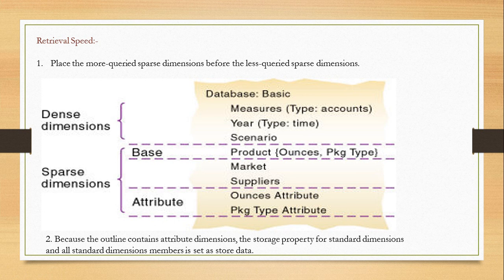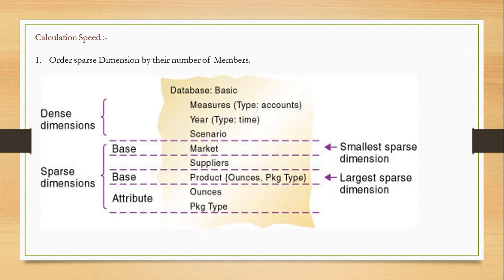The approaches we follow for calculation and retrieval speed just differ in the ordering of the sparse dimensions, because Essbase stores data for the combinations of the various sparse dimension members, and it creates blocks from those members. So the ordering of the sparse dimensions matters more.